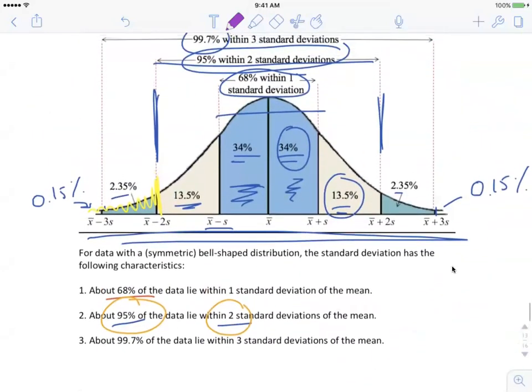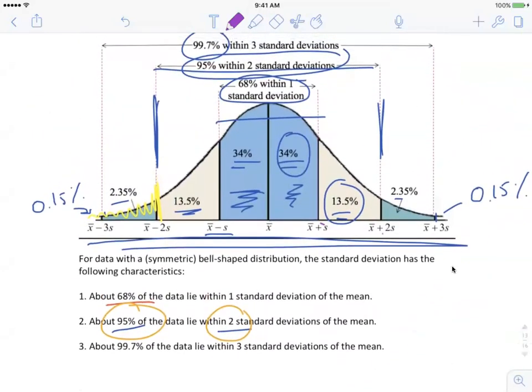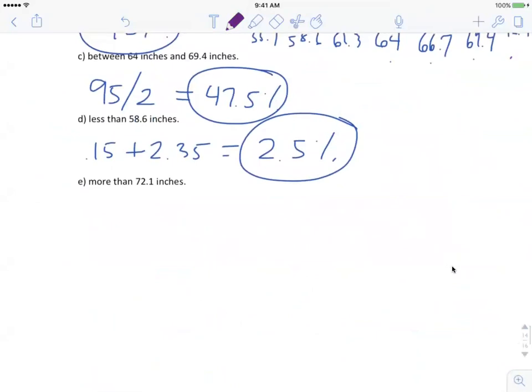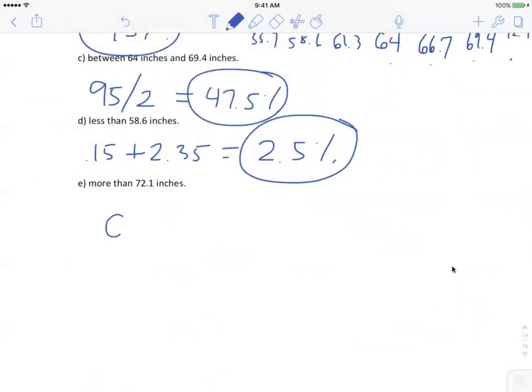It's this area right here, which we already know. That's that 0.15%. So my final answer is 0.15% on that one.